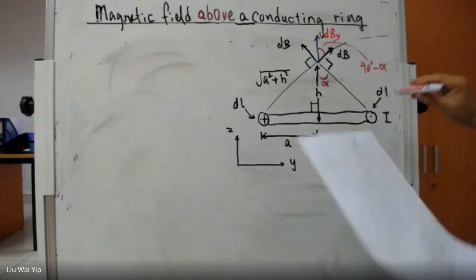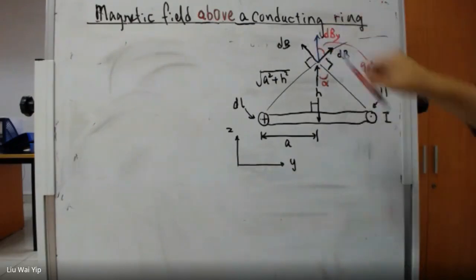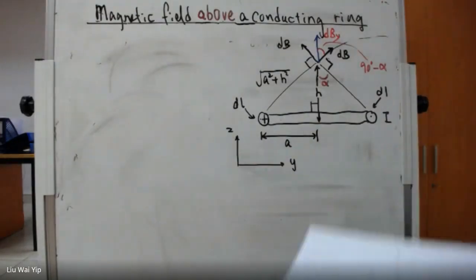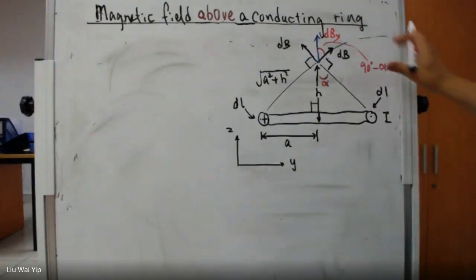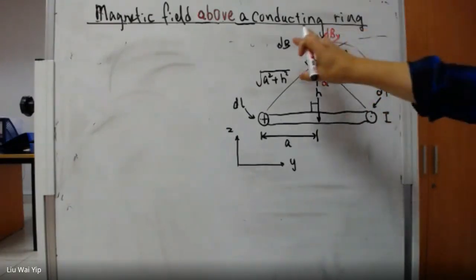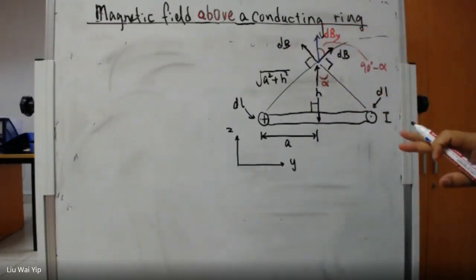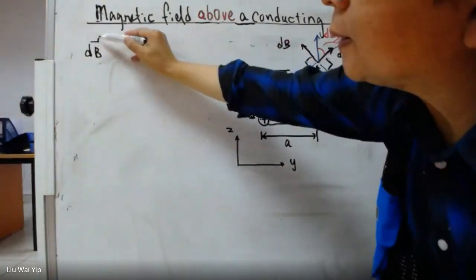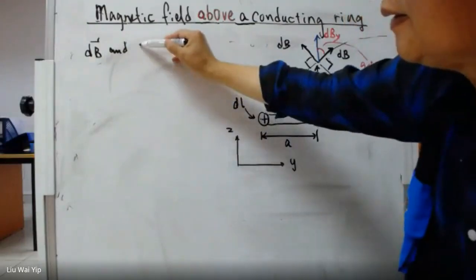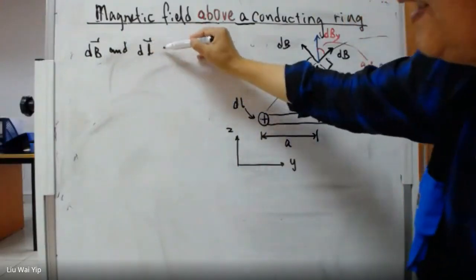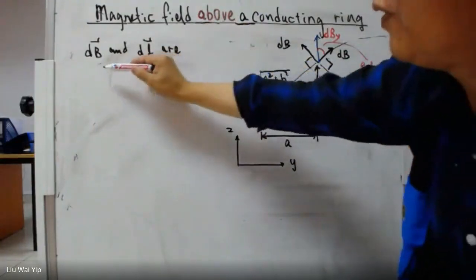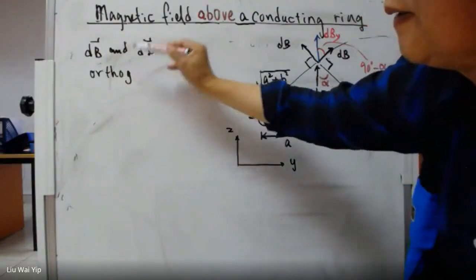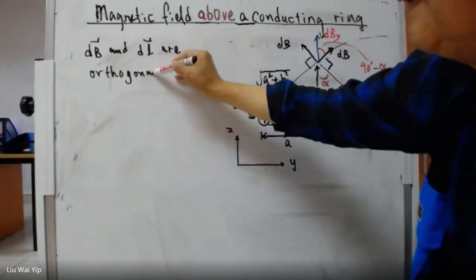So according to the diagram, dB and dL are orthogonal with each other.